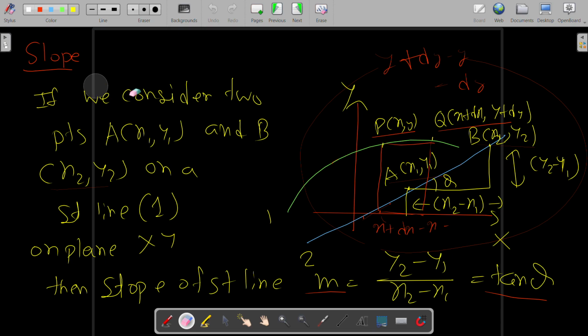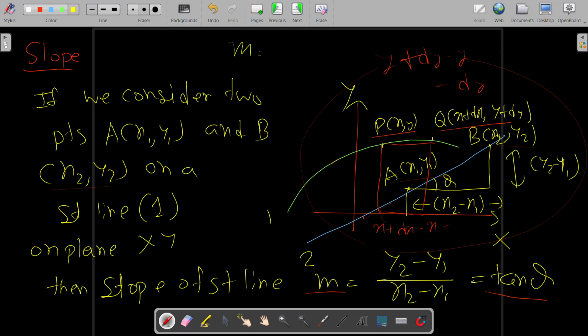Next, we are now getting to the derivatives. We have already discussed all these topics. See, if we consider 2 points A(x1, y1) and B(x2, y2) on a straight line, then what is the slope m?